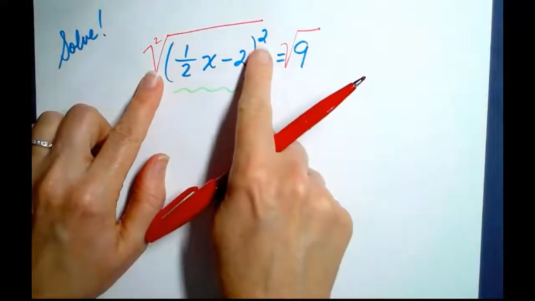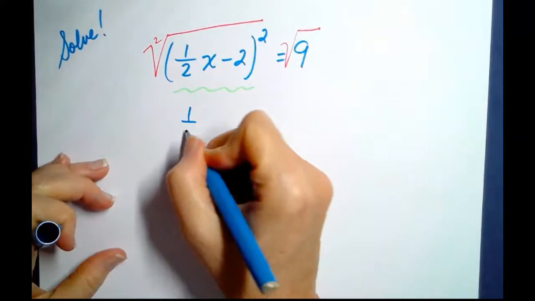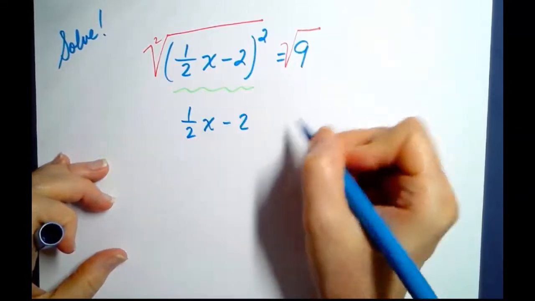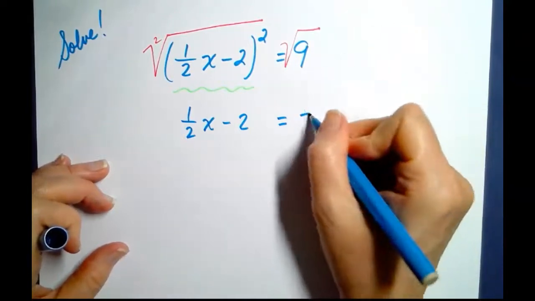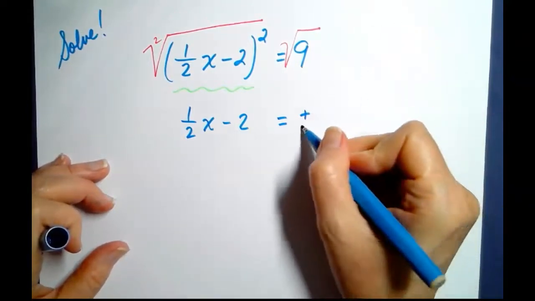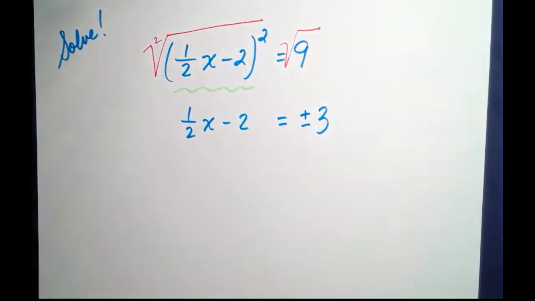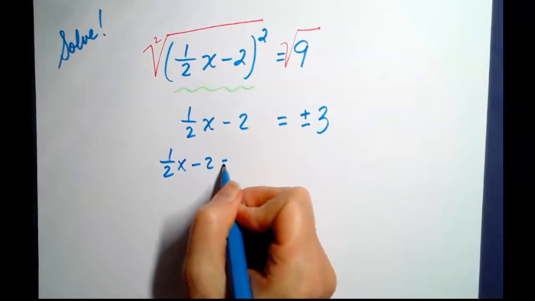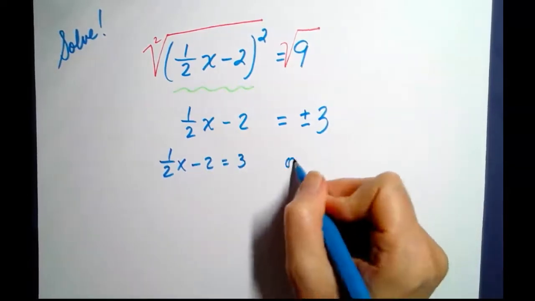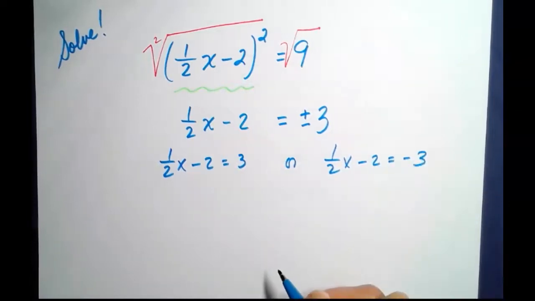The square root undoes the square, so we will be left with 1/2 x minus 2 equals the square root of 9, its positive principal root, as well as its negative root, 3. So 1/2 x minus 2 equals plus or minus 3. So that's 1/2 x minus 2 equals positive 3, or 1/2 x minus 2 equals negative 3.